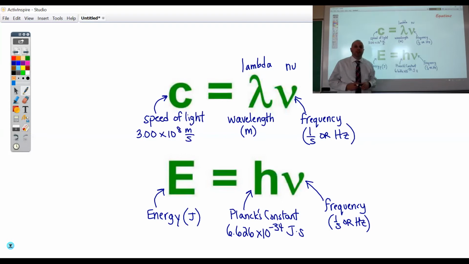There is a third equation, and the third equation is a combination of each of these. If you notice, the top equation has frequency in it, as well as the bottom. If I were to solve the top equation for frequency, I would get frequency equals speed of light divided by wavelength.